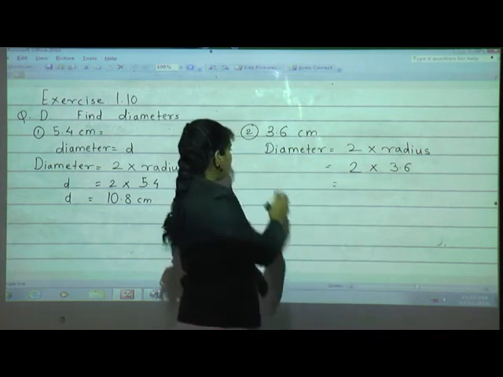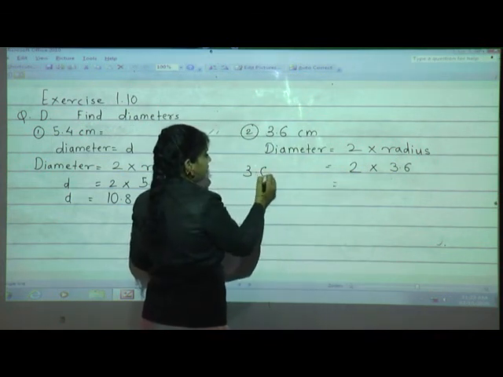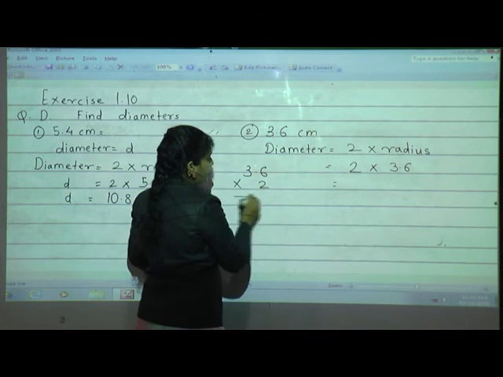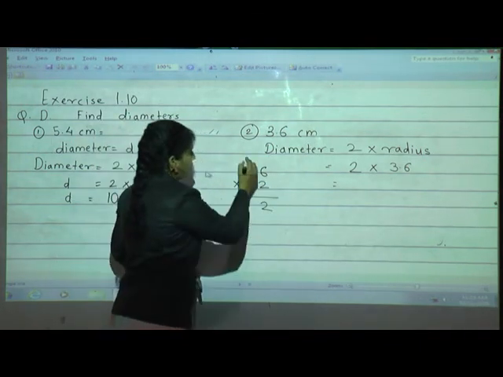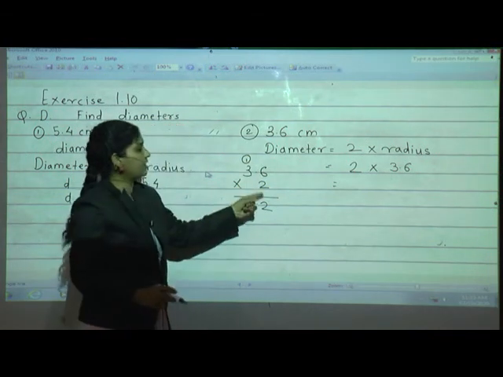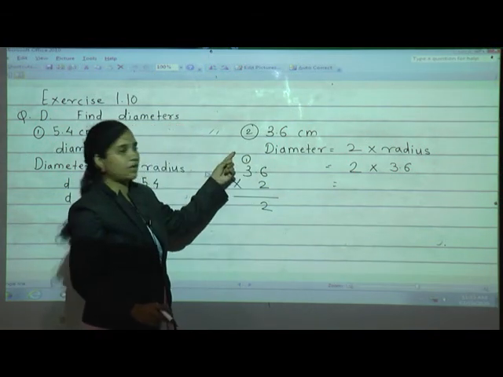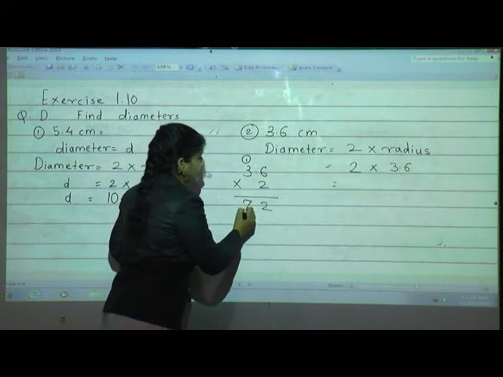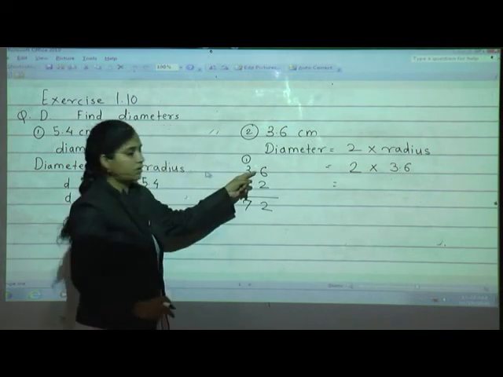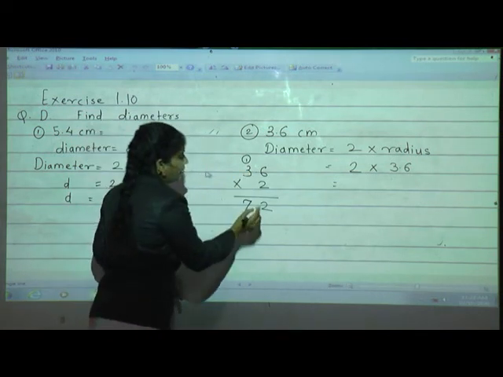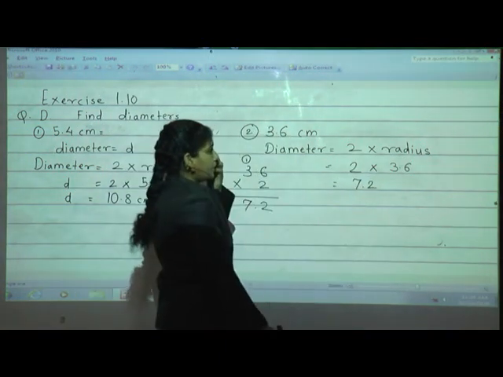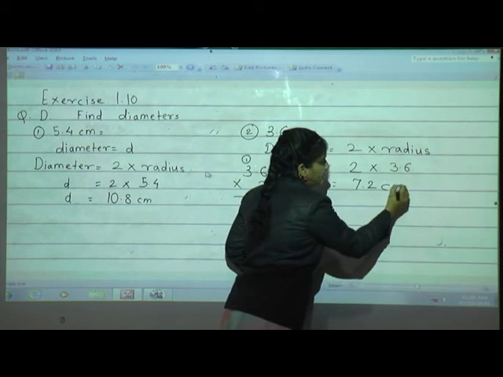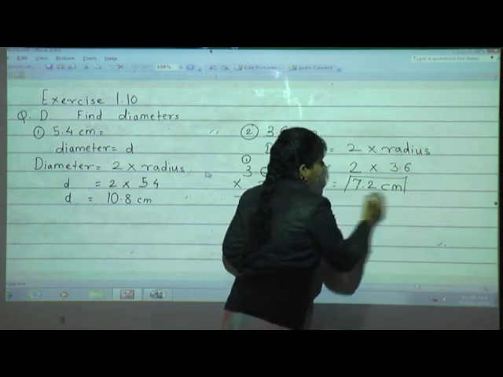So what is the multiplication, students? Yes, 3.6 multiplied by 2. 6 multiplied by 2, 12. 1. 3 multiplied by 2, 6. And this one added, 72. And put the point here. So the answer is 7.2, and the unit centimeter. This is the answer.